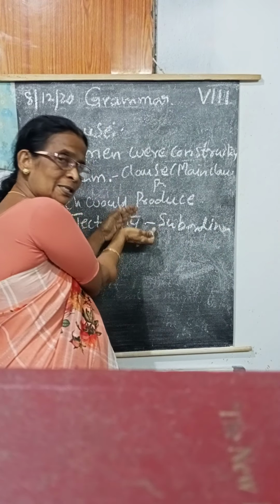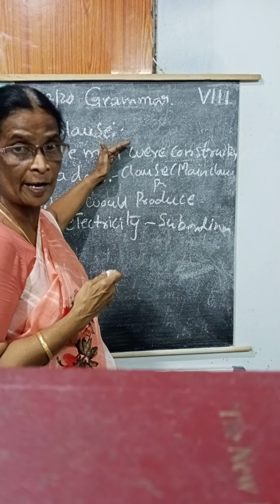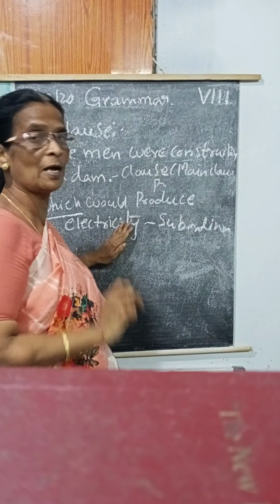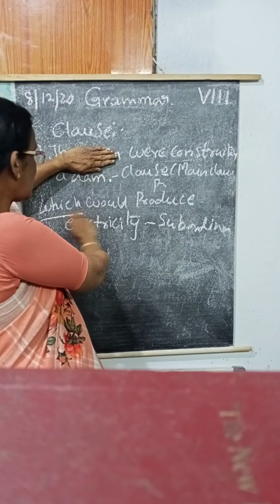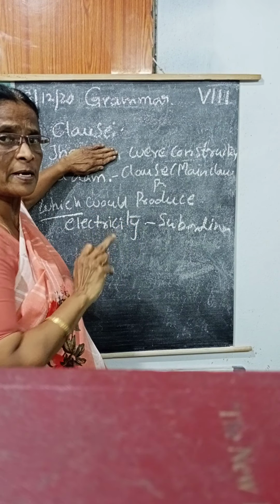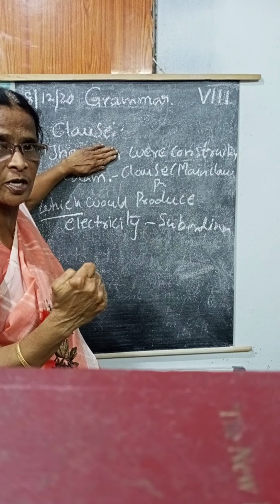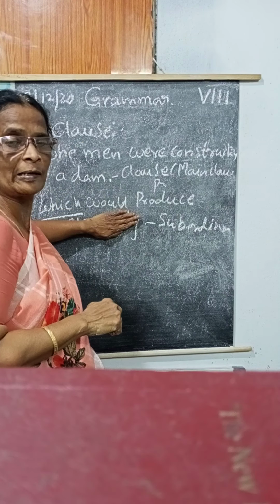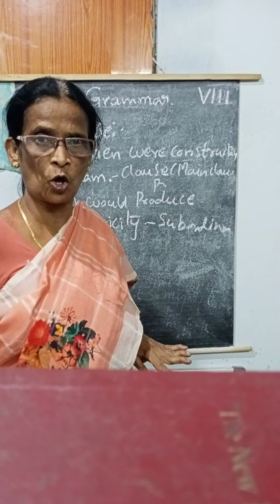Subordinate means this sentence depends upon the main clause. Then only it gives the full meaning. Have you understood? When you see this one, which would produce electricity, is there a full meaning? No. So this subordinate clause always depends upon the main clause.